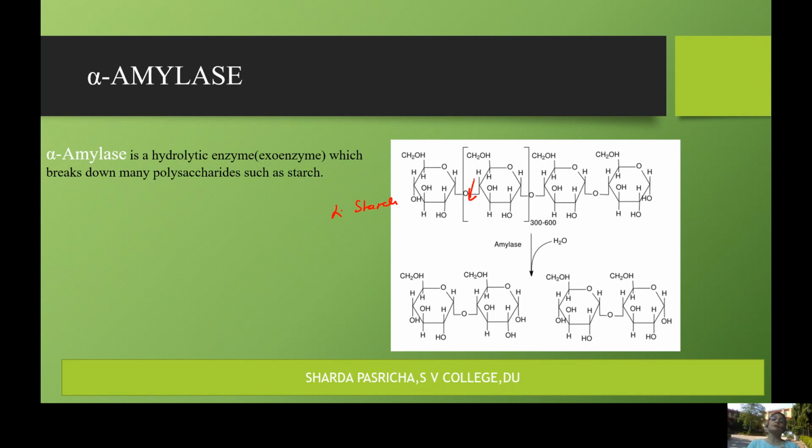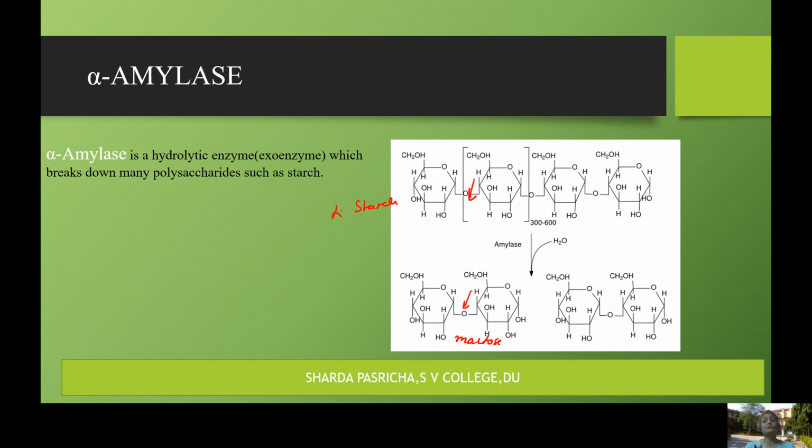It is actually an exoenzyme, so it will break down the starch into maltose units from one end progressively, leading to formation of 2 glucose units linked by the 1,4 glycosidic linkage. That is maltose. So the starch is broken down into different maltose units.